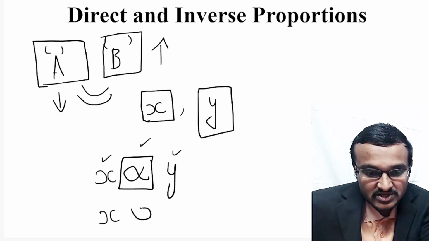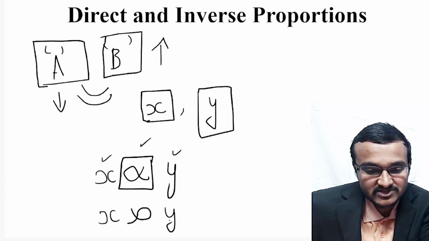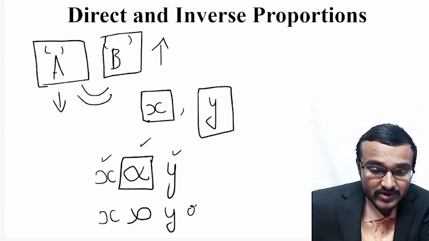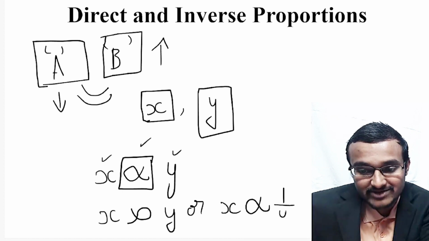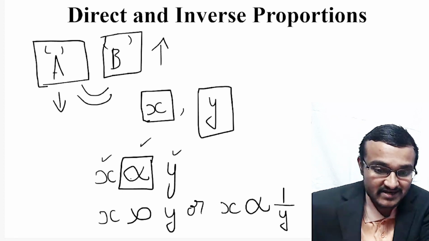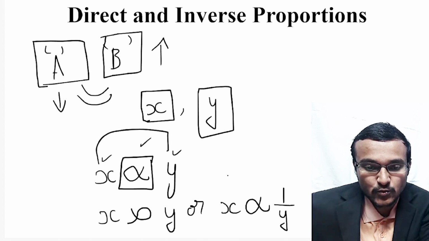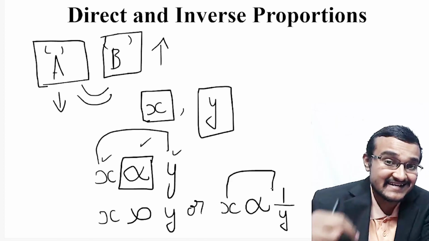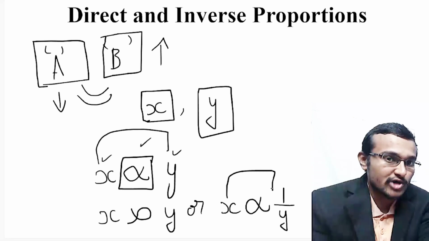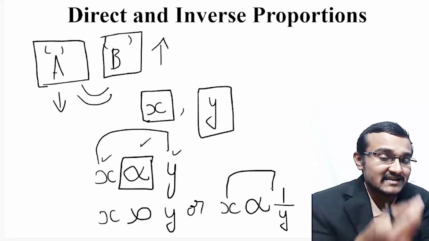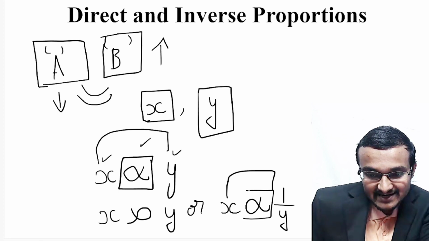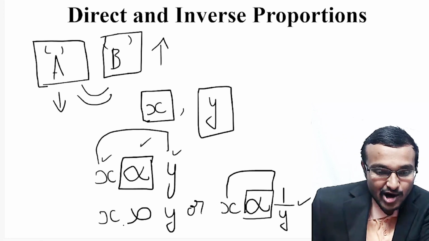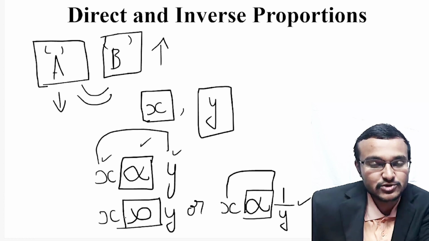You can also write it as X is directly proportional to 1 by Y. In direct proportion, X was directly related to Y. In inverse proportion, X is directly related to the inverse of Y, or simply X is inversely proportional to Y.